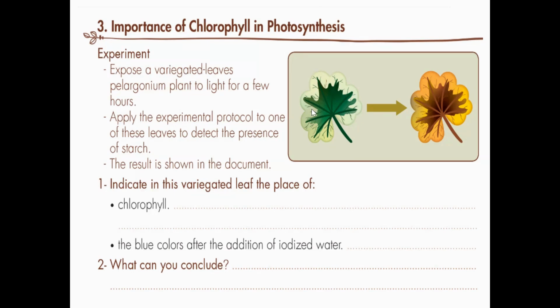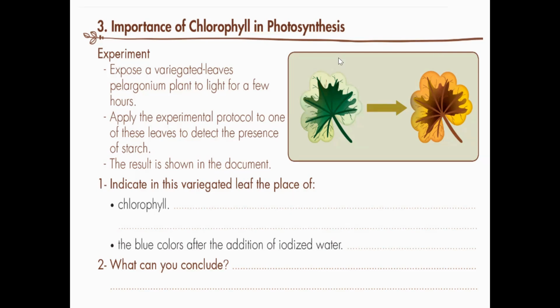So here we expose a variegated leaf of pelargonium plant to light for a few hours. We apply the experimental protocol, which I said we put this leaf in a hot alcohol to remove chlorophyll. Then we detect the presence of starch by immersing this leaf in iodine solution. So the result is shown in the document.